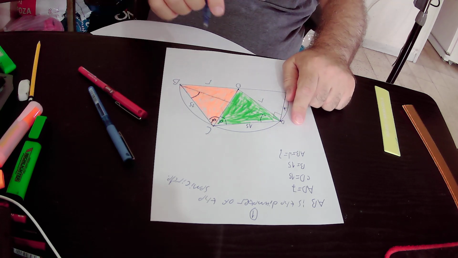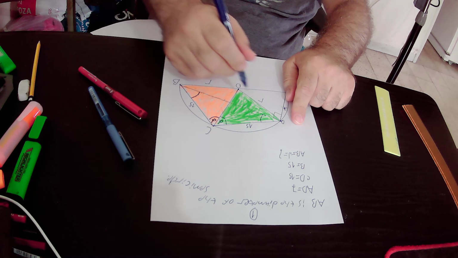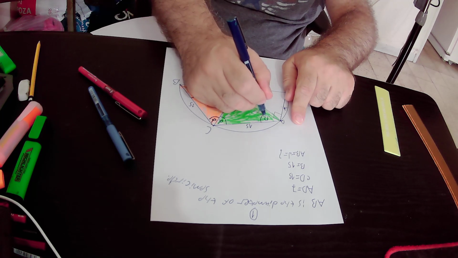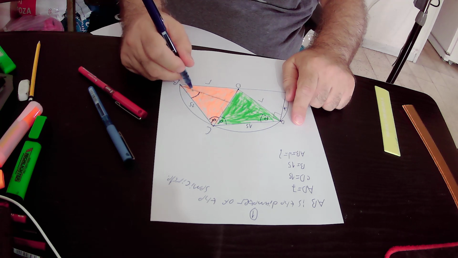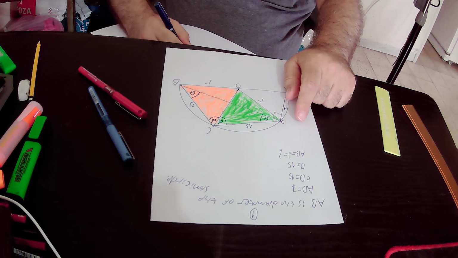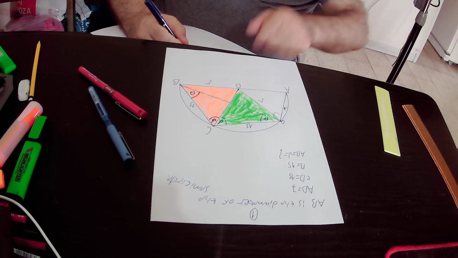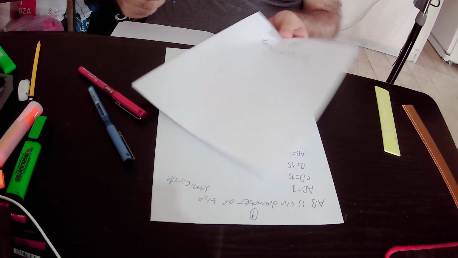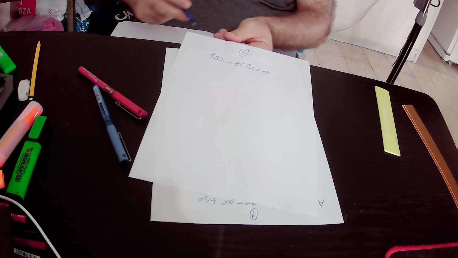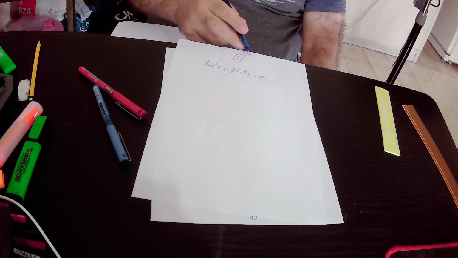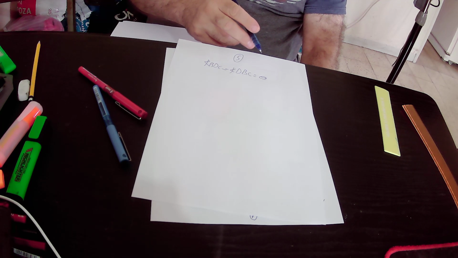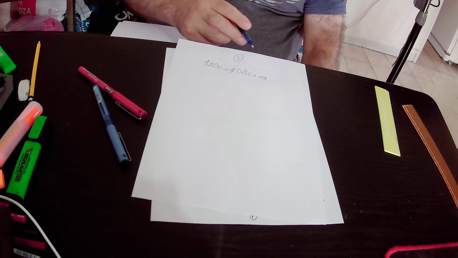And if we define angle CDB or BDC as theta, then angle DBC also will be equal to theta. So angle BDC equals angle DBC. Both those two angles are equal to theta according to our definition.